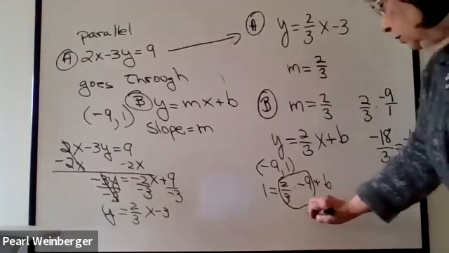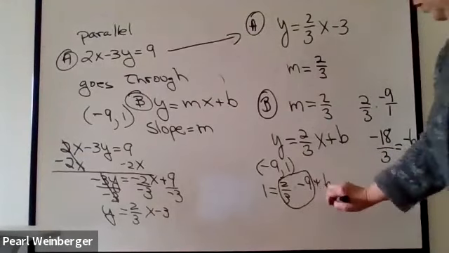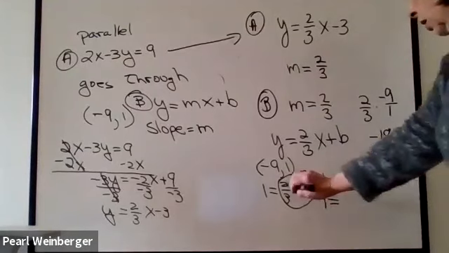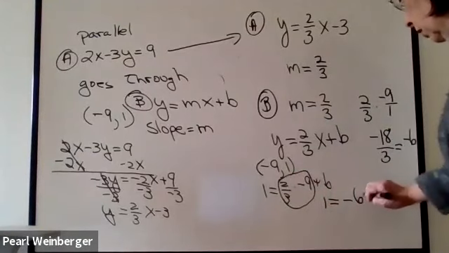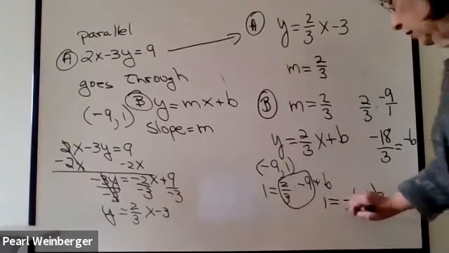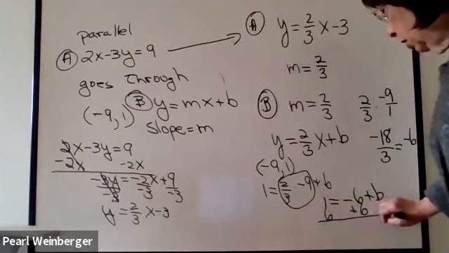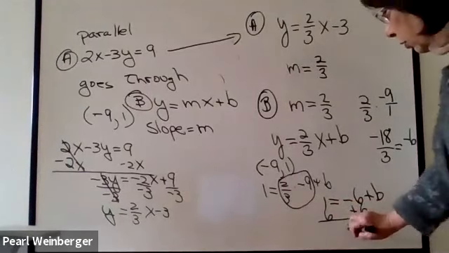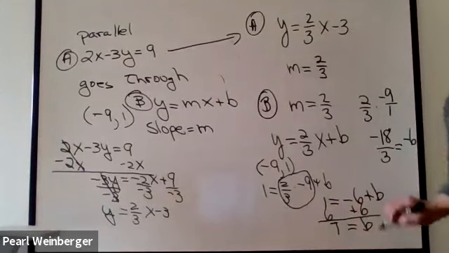So the equation becomes 1 equals -6 plus b. And I add 6 to both sides to get the b alone, which gives me that b is equal to 7.